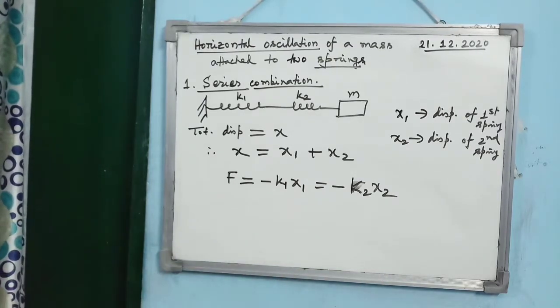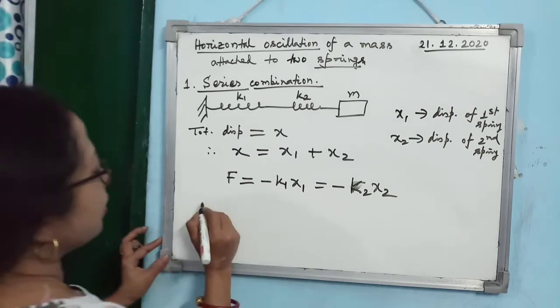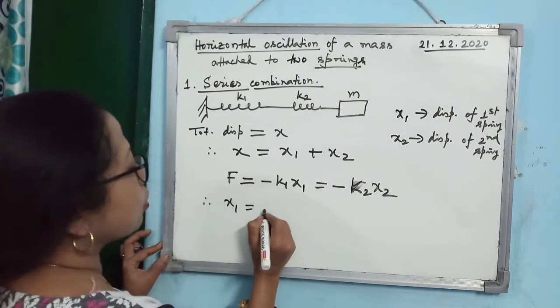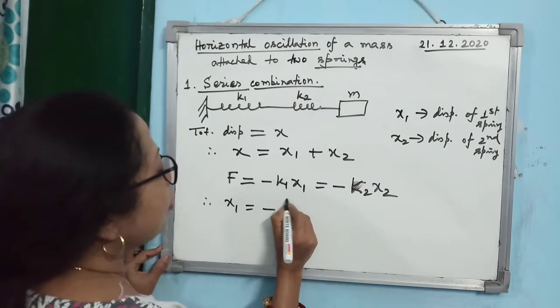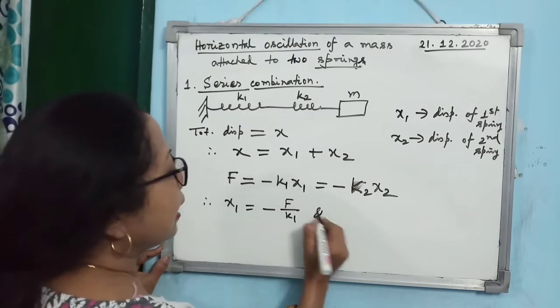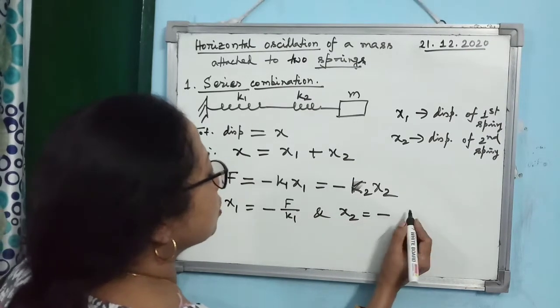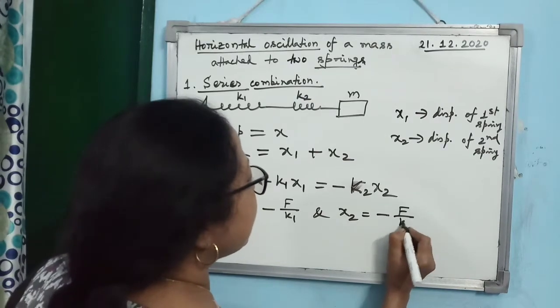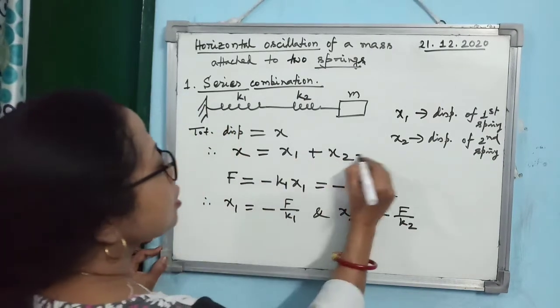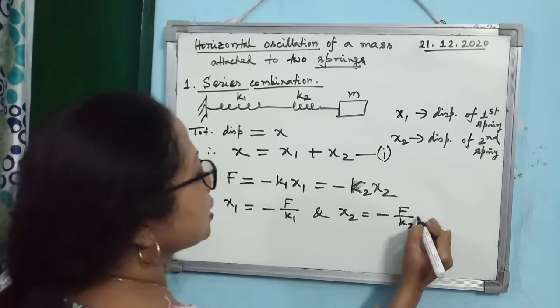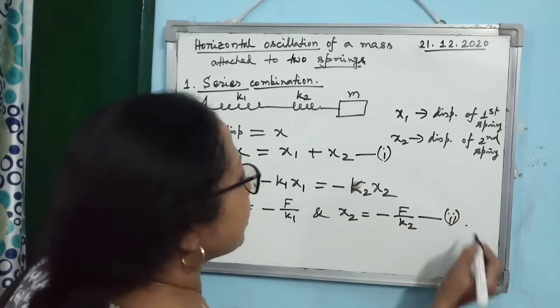Is that clear? So you see, one can write x1 is equal to minus F by k1 and x2 is equal to minus F by k2. Is that clear? So suppose this is the first equation and this is the second equation.